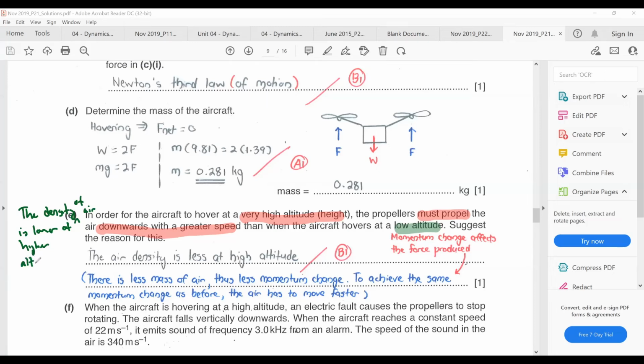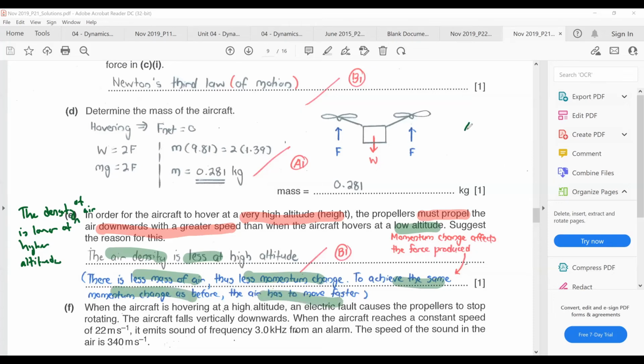Let me just write this out. Okay. Now, because at higher altitude your air density is less, that would mean that you have less mass of air to move. Less mass of air to move means less momentum change. If you want the same momentum change as before, your air would need to move faster.